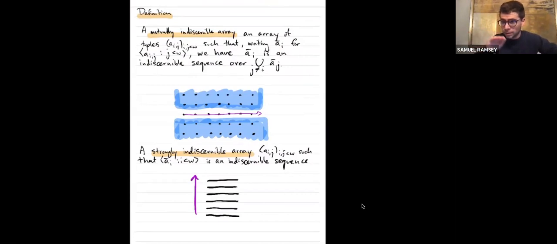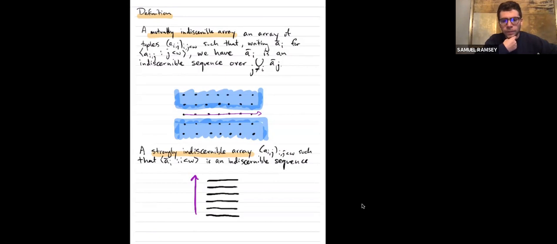And the rows we'll write like a bar i. So a bar i is the ith row. So I look at the sequence a_ij as j varies. I'm letting j vary and I'm fixing i. So I'm drawing that as a row here.